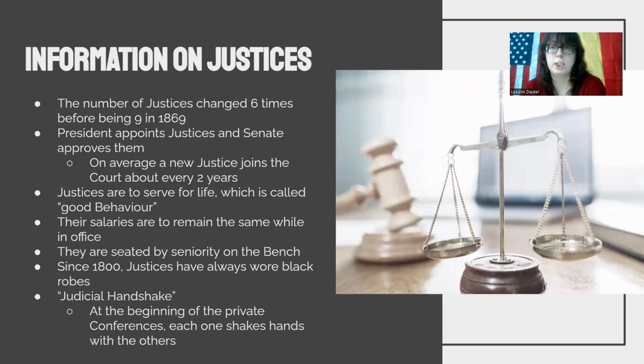In order to become a justice, the President of the United States must appoint the justice, and then the Senate approves the justice. As we talked about, on average, a new justice joins the court about every 2 years due to retirement or the passing of the justice, as justices are to serve for life, which is called good behavior.